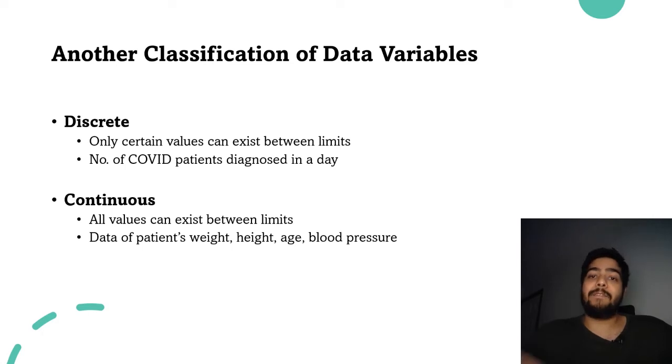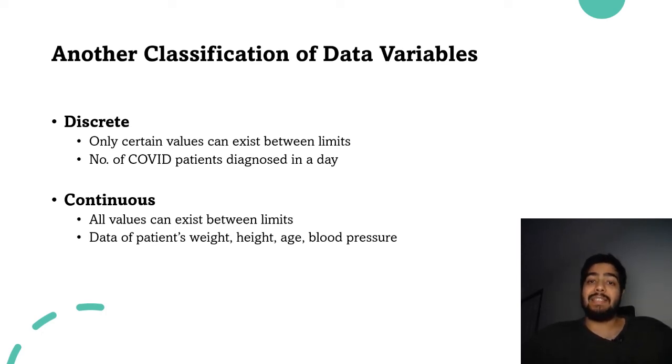The next type of data variables can be continuous, and all values can exist between limits. Examples can be data of patient's weight, height, age, blood pressure. So these can have all values that can exist between certain limits.